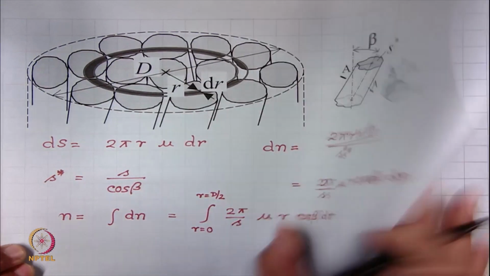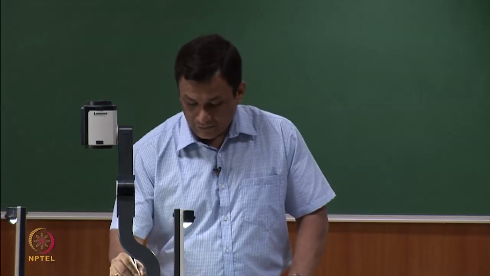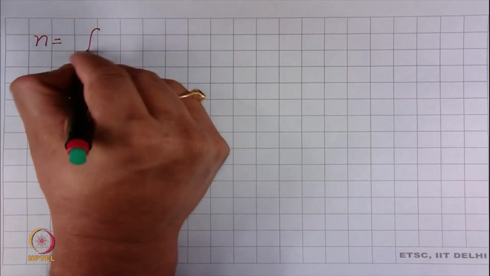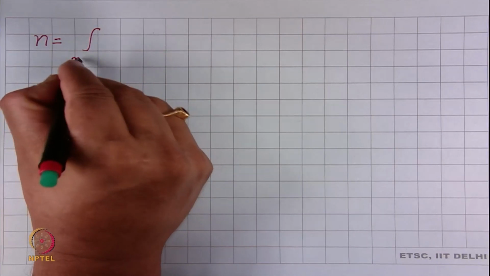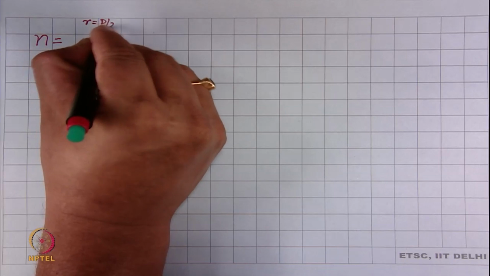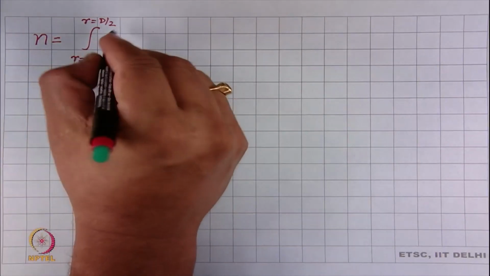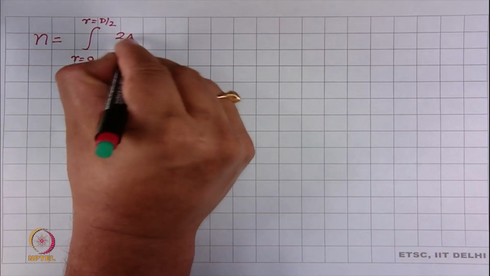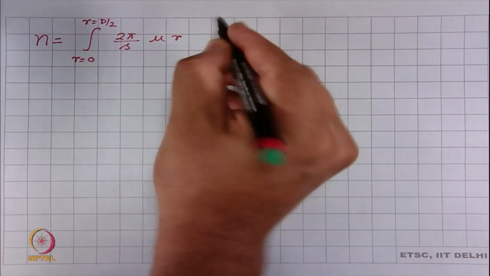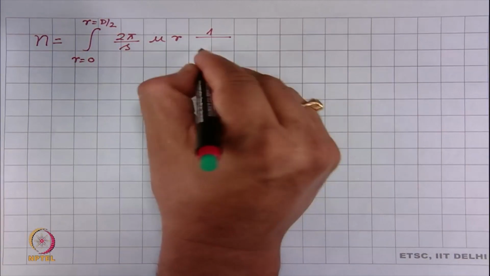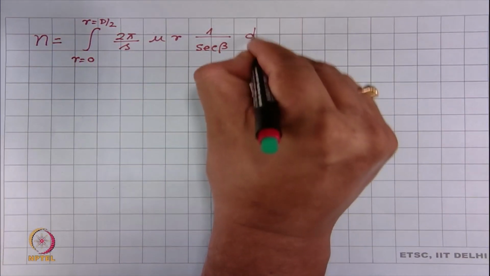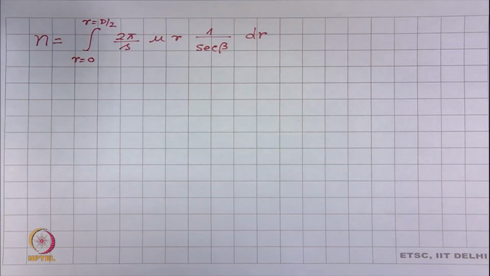So, what we will do now, n is equal to the integration from r equal to 0 to r equal to d by 2 of 2 pi by s mu r cos beta dr. Let us write cos beta as 1 by sec beta.